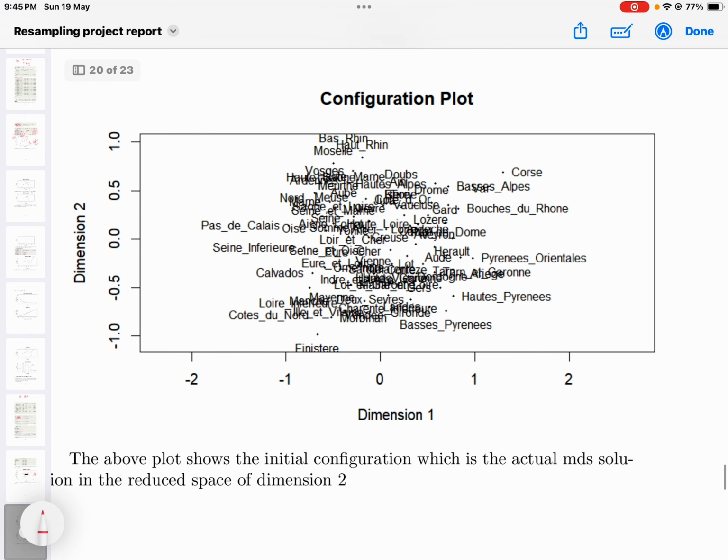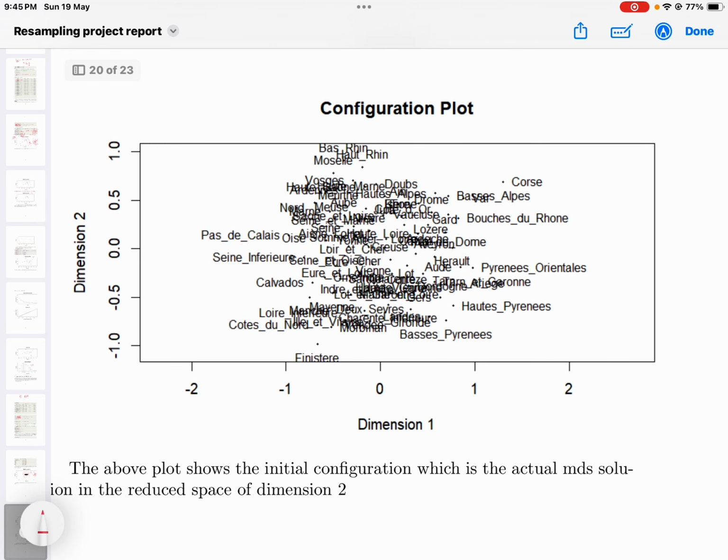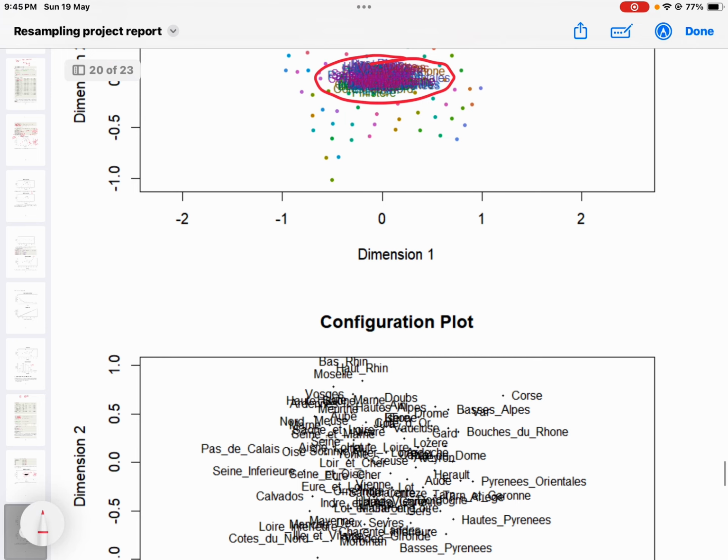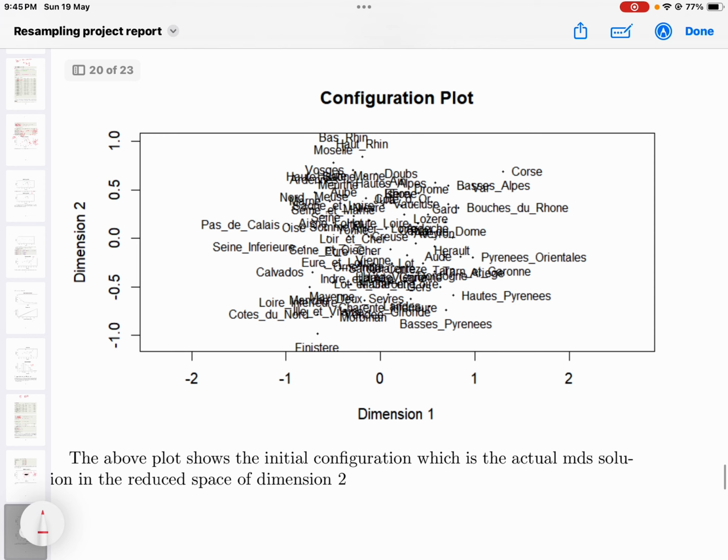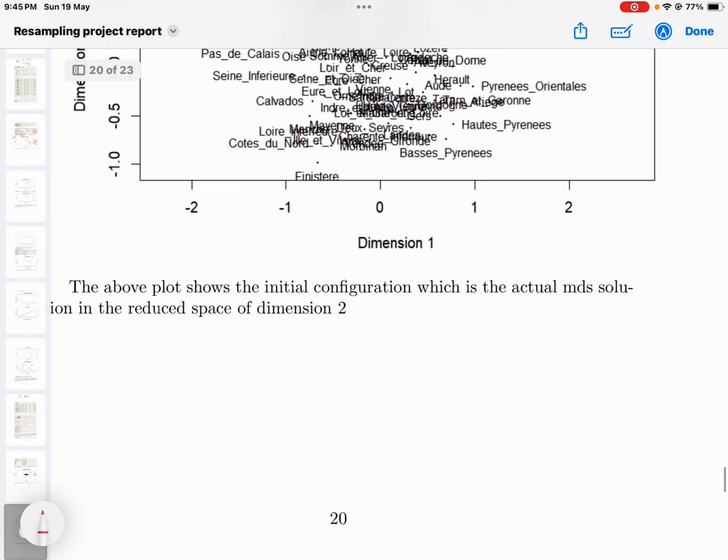This is the actual configuration plot, that is the actual MDS solution, from the distance matrix available to us. We computed the possible distribution of the departmental stores across the two-dimensional space.